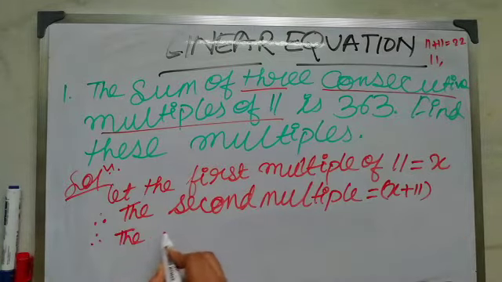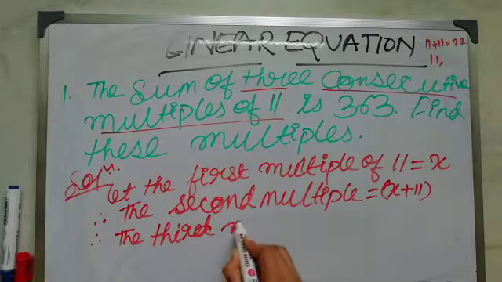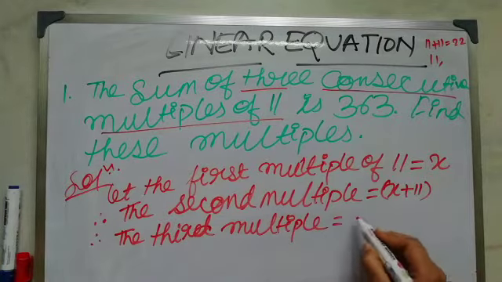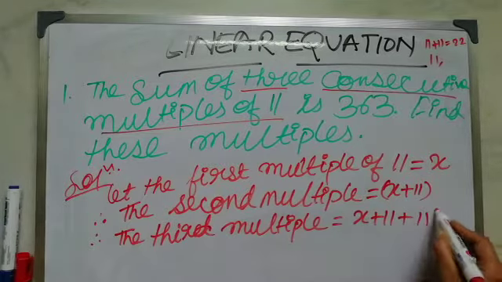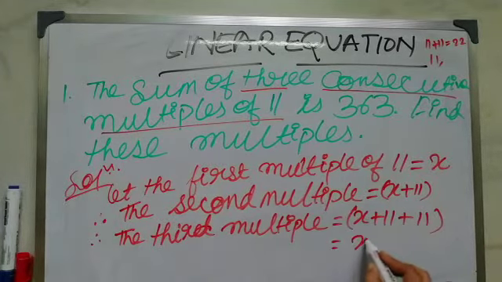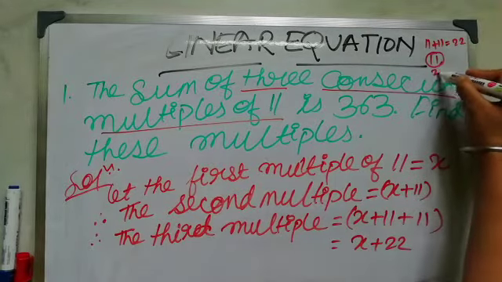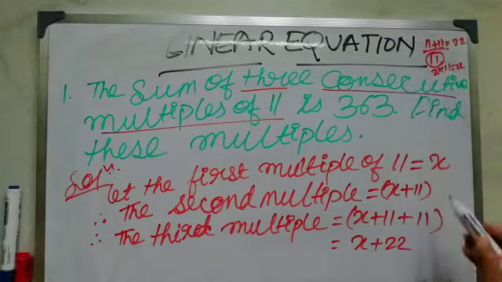Therefore the third multiple is equal to x plus 11 plus again 11, which is equal to x plus 22. Hope you have understood this. See, if my first is 11, second will be 2 multiplied by 11, which is 22, or I can say 11 plus 11.